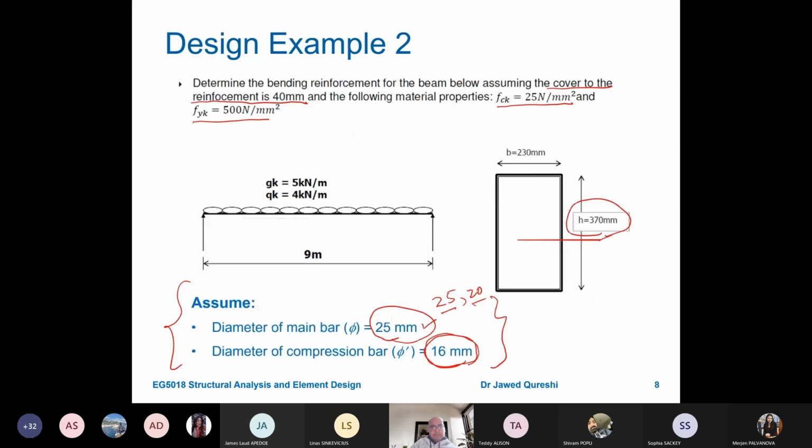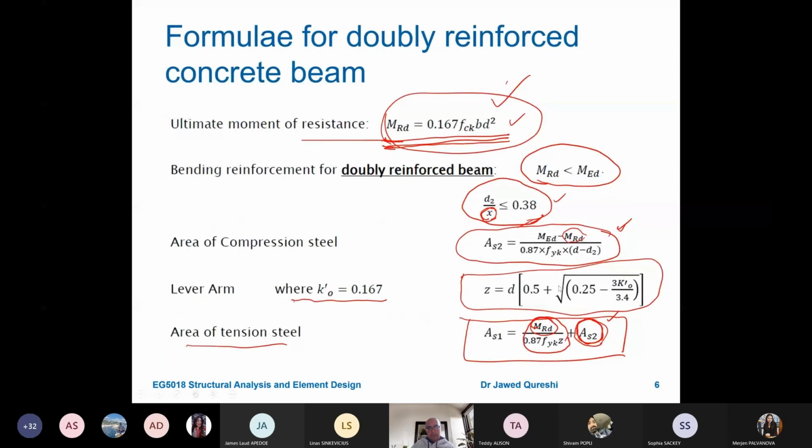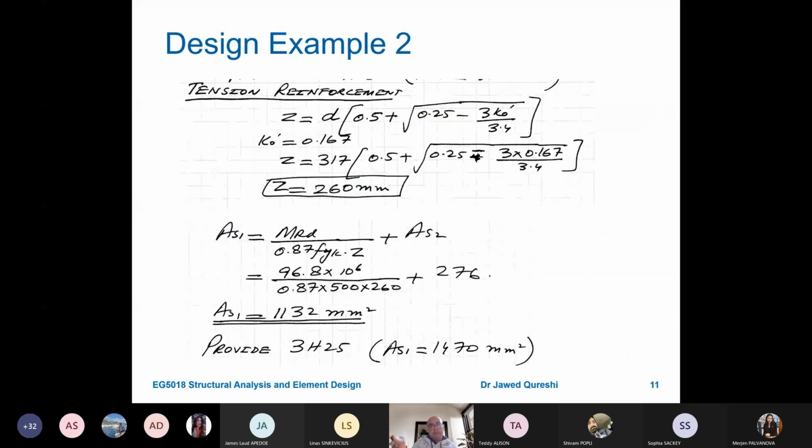The next step in the recipe, if you go back, is finding Z and then finding AS1. This is the formula for Z, and K naught dash is 0.167. If you put all these values in, you get Z as 260. Remember that this should have a sensible value. It should be less than D, and if it is more than D, it means you have made some mistake.